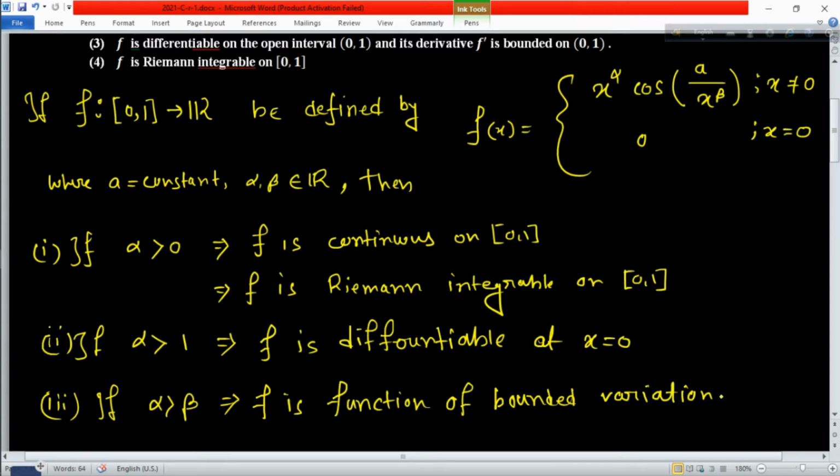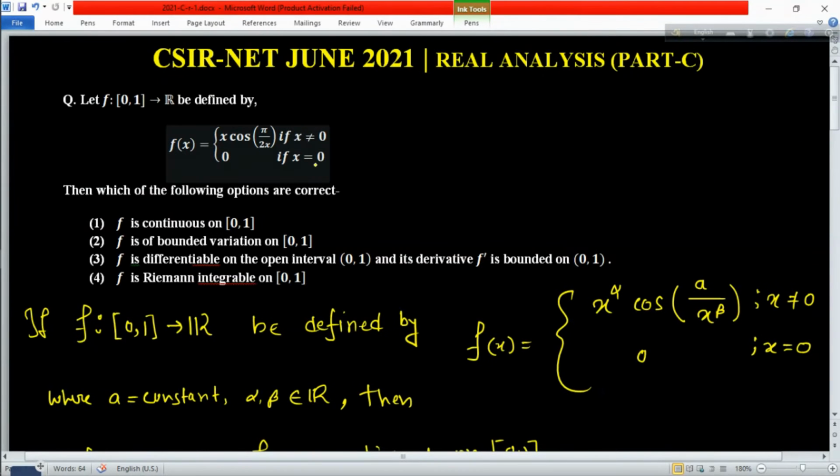Now compare the given problem with the standard function. We can see here x cos(pi by 2x). So alpha equals to 1, from x to the power alpha. And here pi by 2x we can write as pi by 2 divided by x.